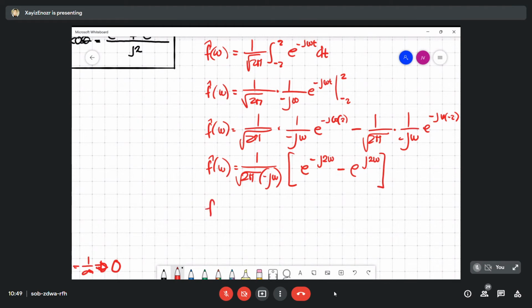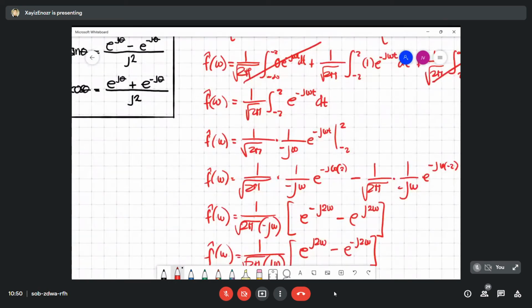Ang magiging itsura niyan, magiging positive to. So pag distribute ko yung negative, ito magiging positive, ito magiging negative. So that will become e j2 omega minus e negative j2 omega. Ayan. Okay na.